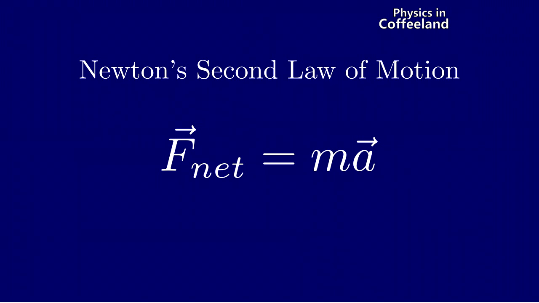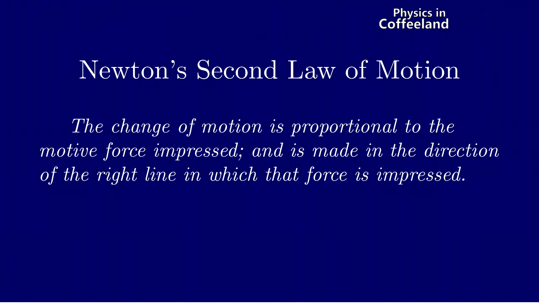Interestingly, this is not the original statement of the second law of motion in Newton's Principia. He defined the second law of motion as follows. The change of motion is proportional to the motive force impressed and is made in the direction of the right line in which that force is impressed.